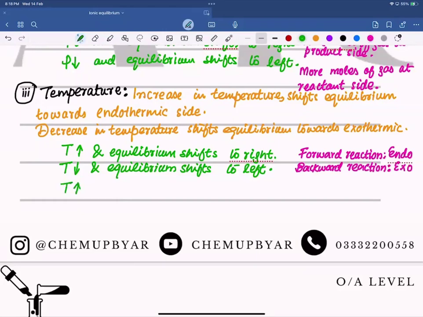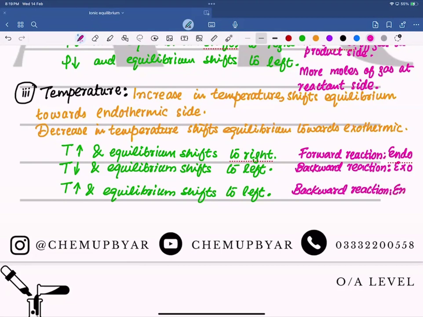If we increase the temperature and equilibrium shifts to the left, what would the backward reaction be in this case? Endothermic. So if the backward reaction is endothermic, then the forward reaction must be exothermic. Is this clear?